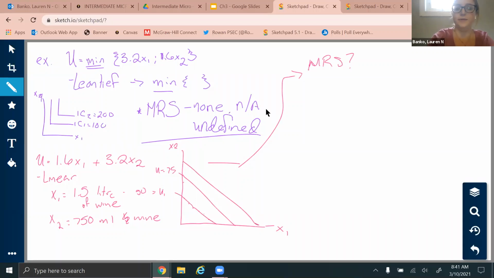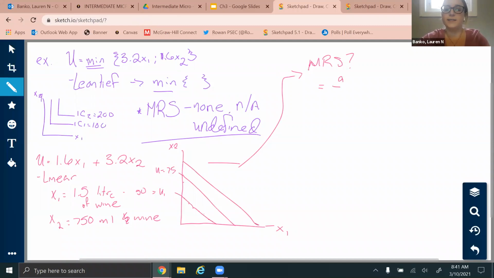Okay, good. Majority said 0.5, and that is correct. So slope of these indifference curves. And we had that formula for MRS is the marginal utilities over each other. But we also had a trick.